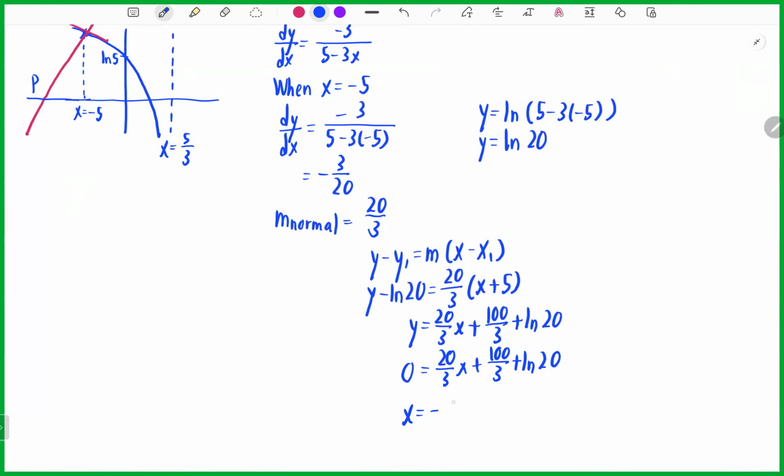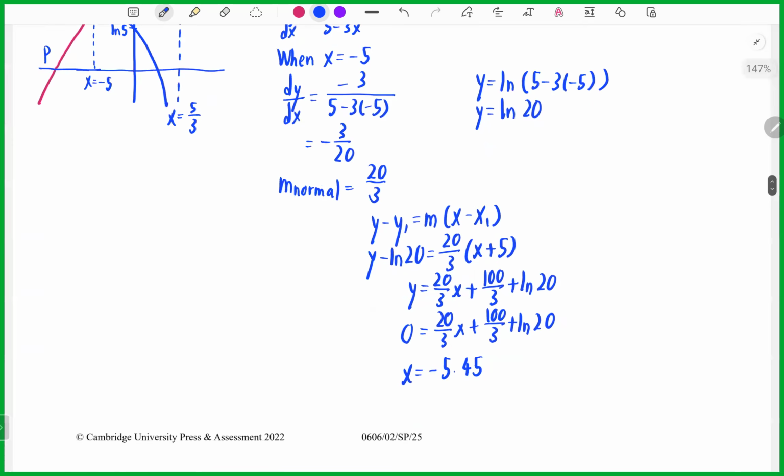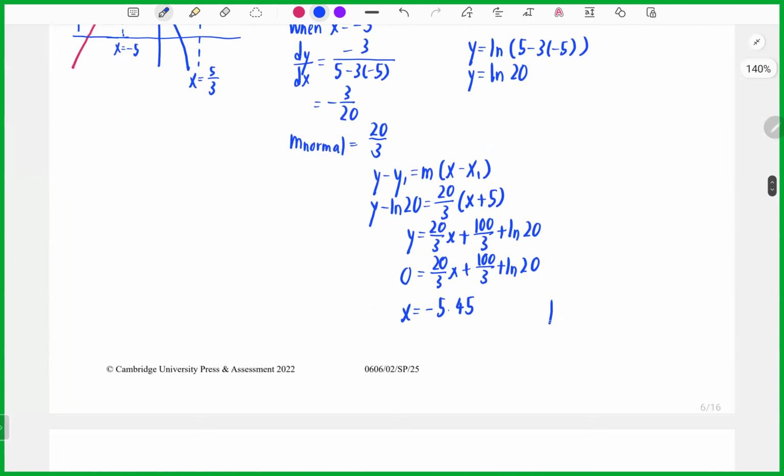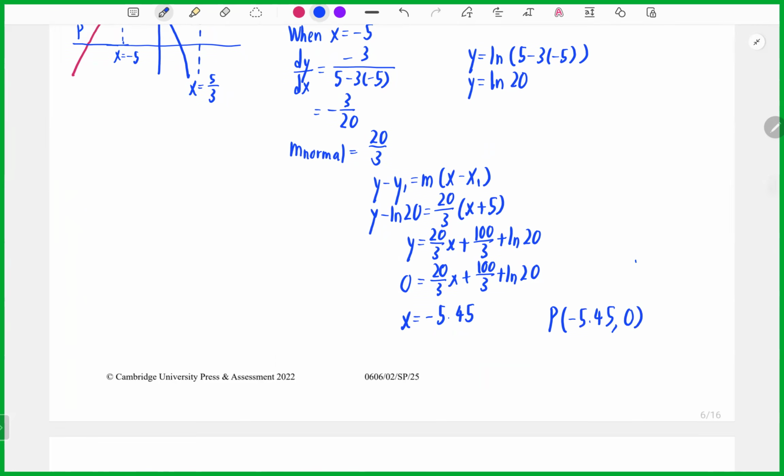So you will get the answer negative 5.45, I write in 3 significant figures. So your answer for the coordinates of P will equal to negative 5.45, 0.